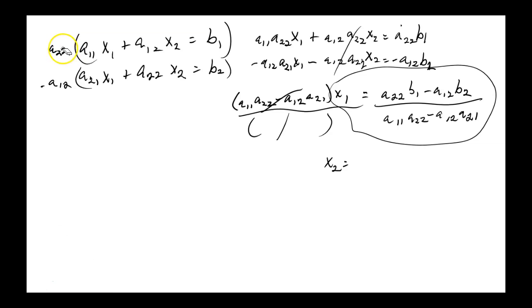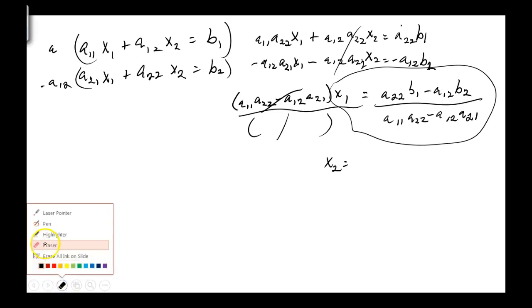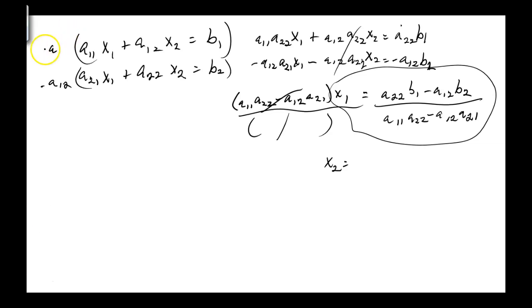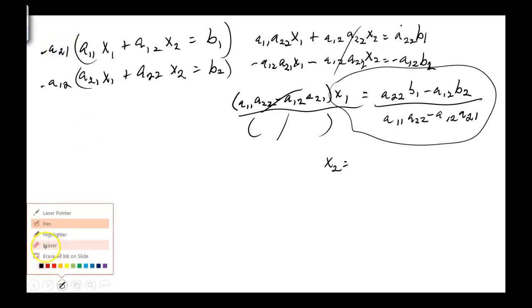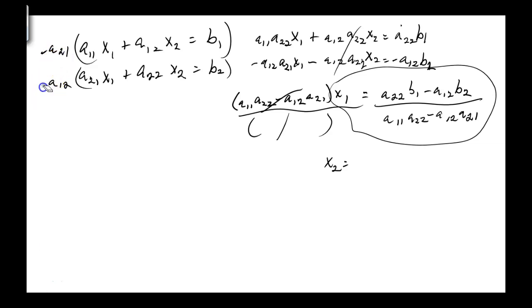This time, multiply the top equation by, I think, a minus A21, and the bottom equation by a positive A11.